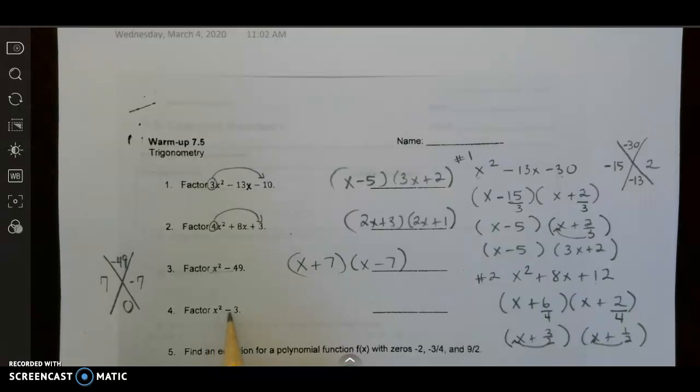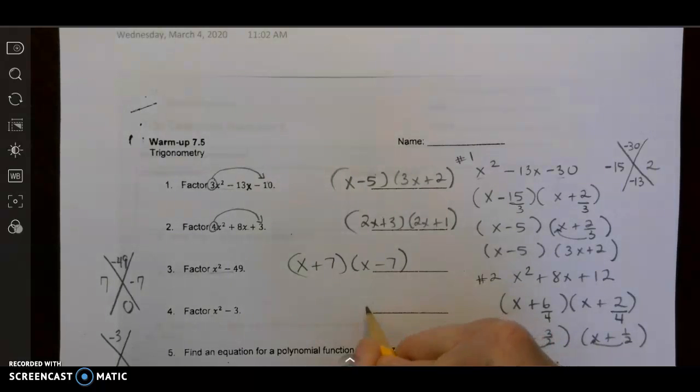Factoring x squared minus 3, are there any factors of negative 3 that add up to 0? There are not, just 1 and 3. So this is not factorable.